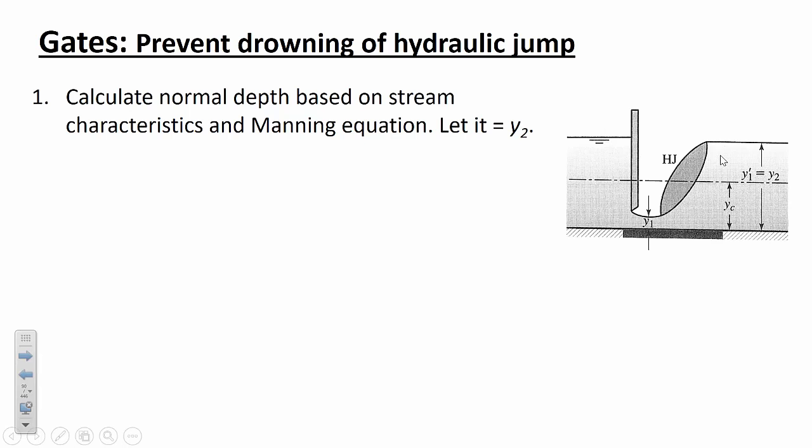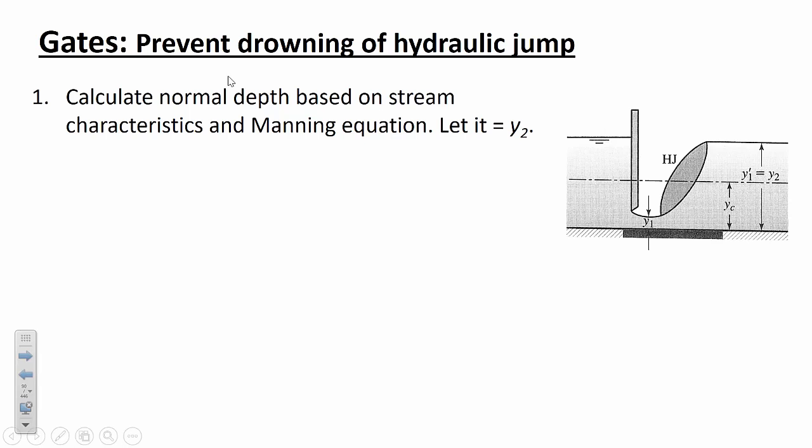But the other factor that controls when and where the hydraulic jump occurs is the upstream depth. And so this gate opening and closing is going to change the Y1. So to determine whether or not the gate is going to cause the hydraulic jump to drown, there's a procedure here. We're going to go through this procedure in the second gate example for today.